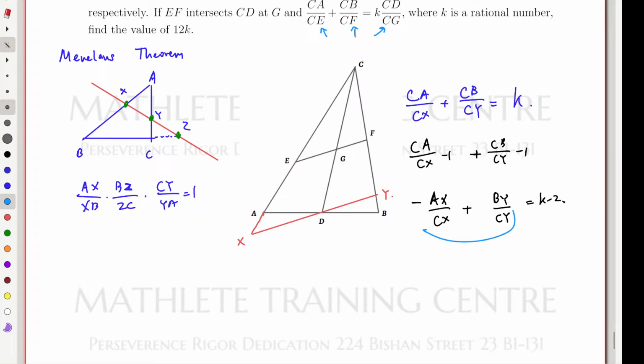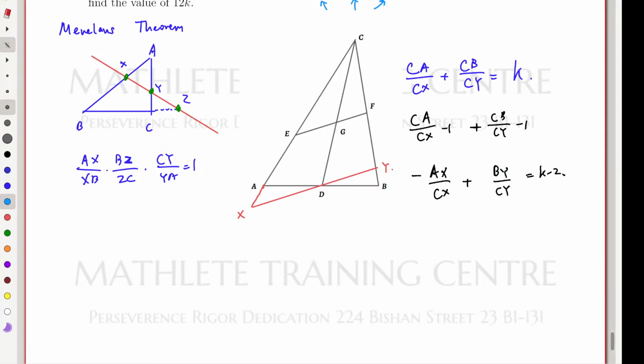And actually, this will be 0. The reason this is 0 is because of Menelaus's theorem. If you apply Menelaus's theorem, treating this thing here as a line and treating your triangle as your XYZ, then you can jump from C to A to X. Sorry, that's the wrong way of using it. No, sorry.